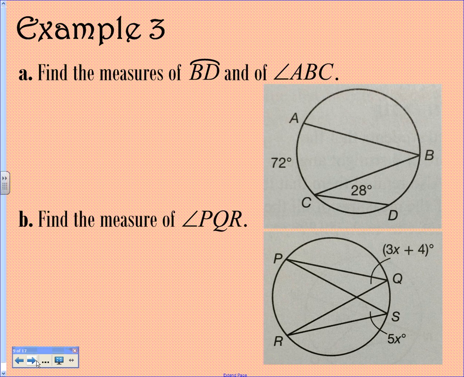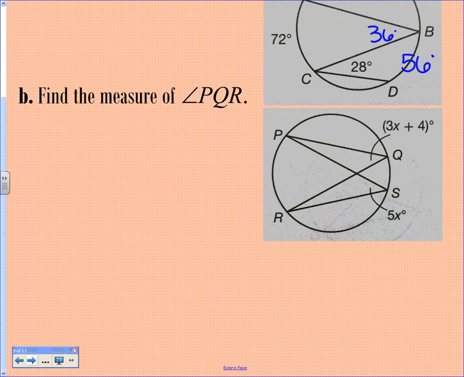So how would we find the measure of the arc? Y by 2. Okay, so you would get 56. Okay, how do we find the measure of angle ABC? Y by 2. Does that make sense? Any questions on that one? Okay, so see if you can do this one.